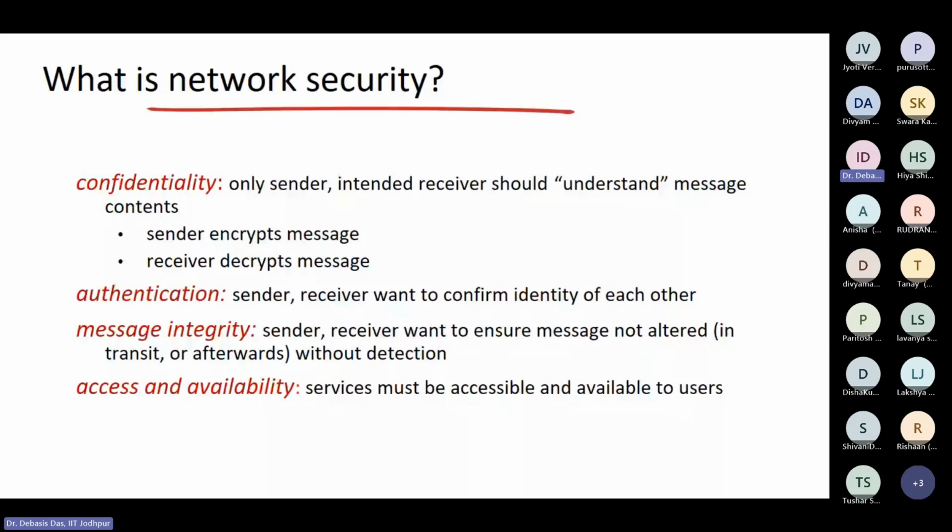If your system satisfies the following requirements, it means your system is secure. To satisfy these requirements, we have security solutions, the encryption mechanism, or the encryption algorithm. With the help of a key, we can protect our system.